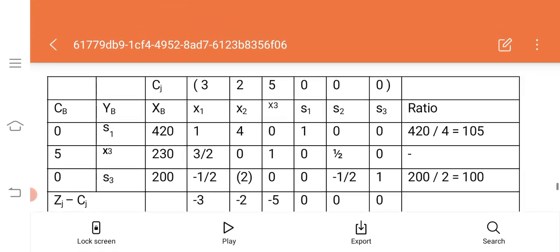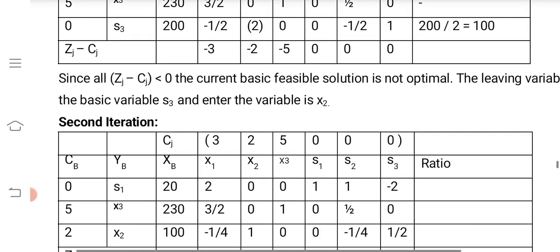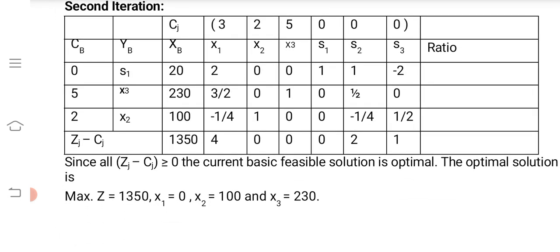With the similar concept, the next two iterations give the values, and the Zj minus Cj condition of being greater than or equal to 0 is the same. You get the second iteration, and all the values are positive. So the maximum z value is 1350.